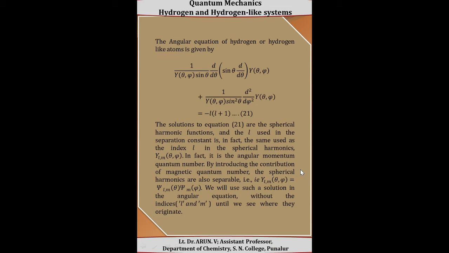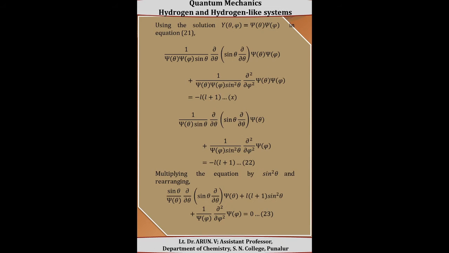We will use such a solution in the angular equation without the indices L and m until we see where they originate. By using this, psi(theta, phi) is written as psi(theta) into psi(phi).